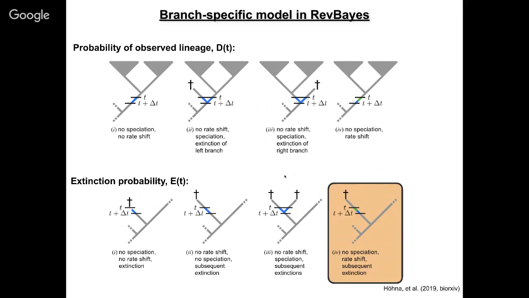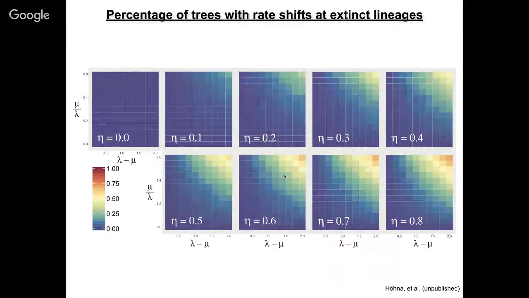So the question now is, does that have any impact on my diversification rate estimates? First we did a small simulation study on a grid, where this parameter, the little eta, is the rate of shift.